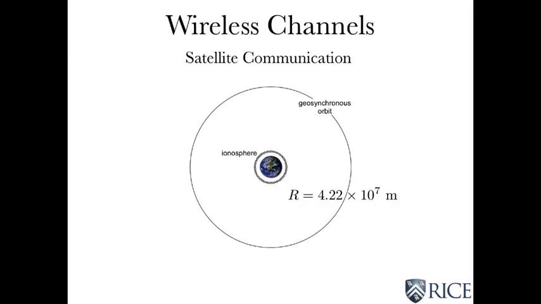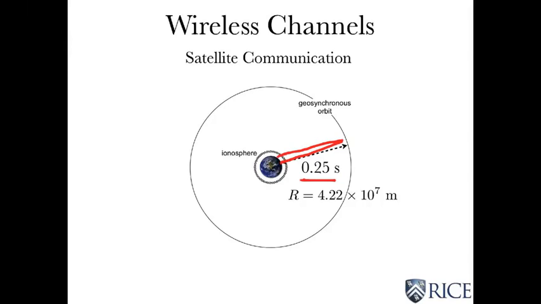That's a long, long way. And in fact, it turns out there's a significant time delay. If you take the speed of light and try to figure out what the time delay is, the time delay in sending a signal up to the satellite and back is at least about 1/4 of a second.